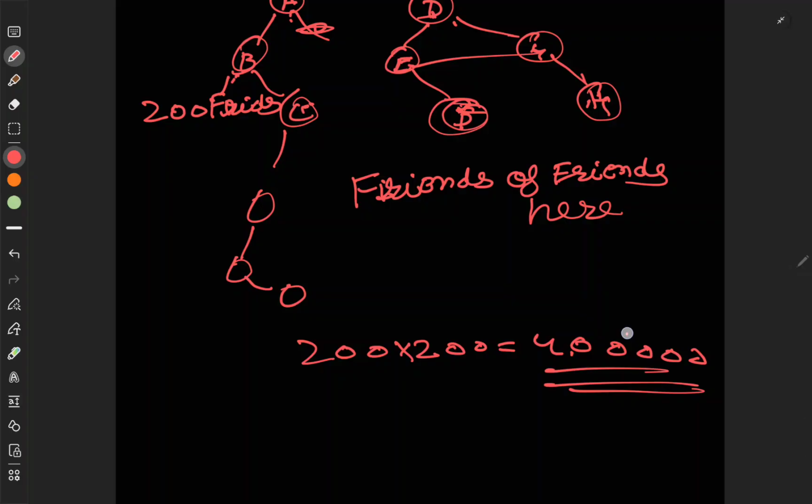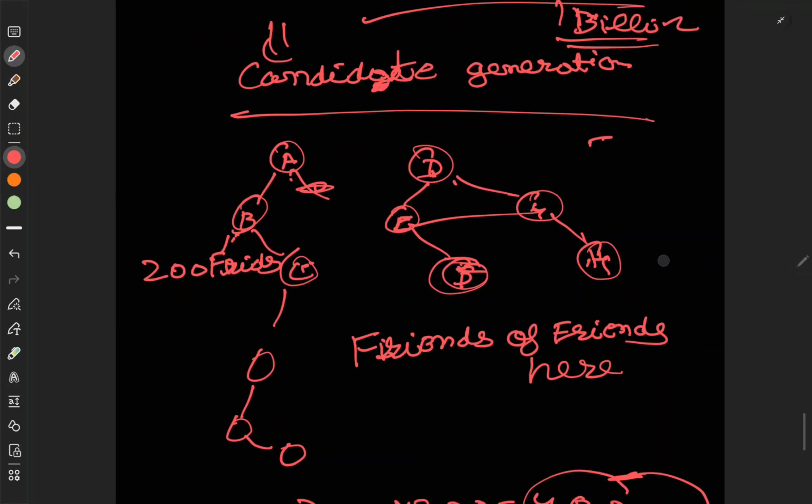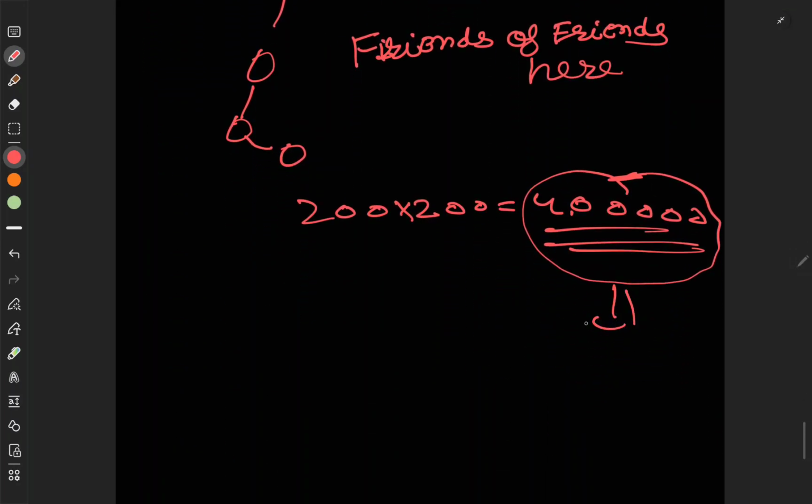Now, I can use my model on these 4 lakh people for my particular user to check who will be the top 50 people whom I can recommend.